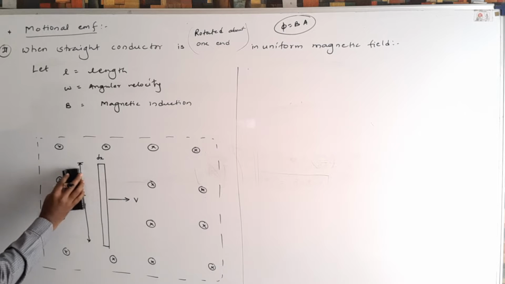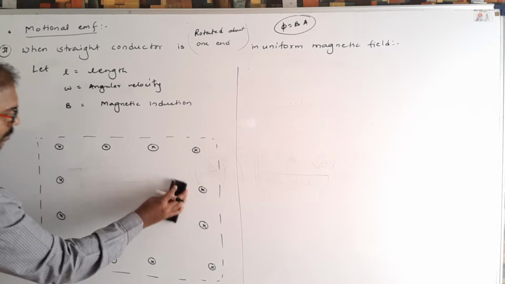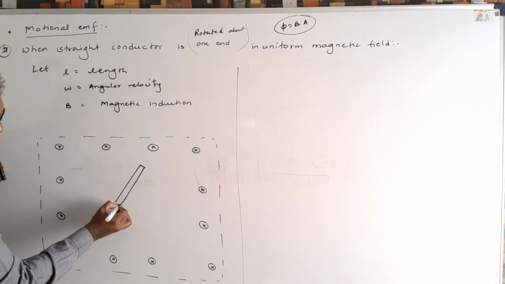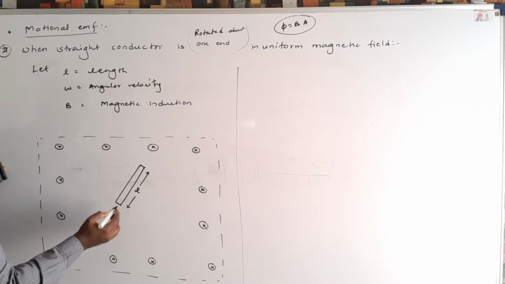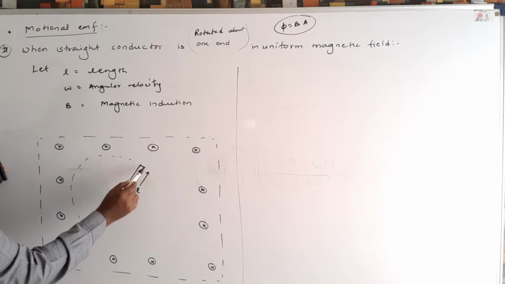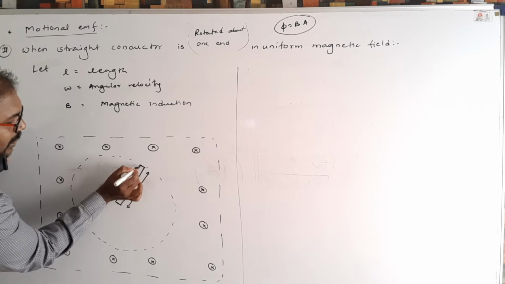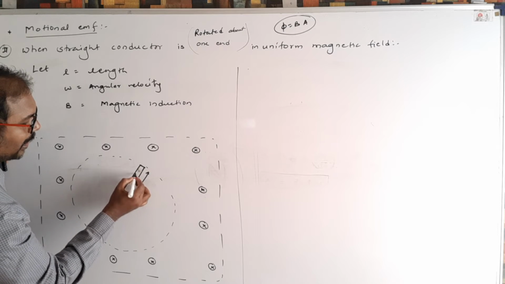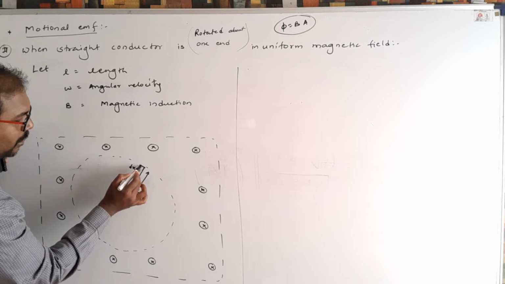Now after that, we have to draw a diagram here. So let me draw a diagram. So this is the straight conductor whose length is L, and it is rotated about one end. So we get this type of motion. Now I consider a part of this conductor, and I name it dx.